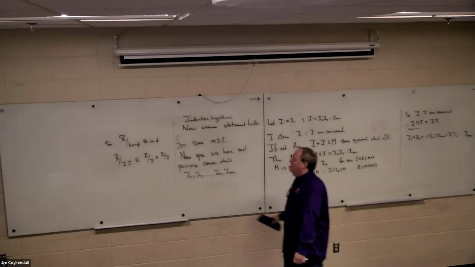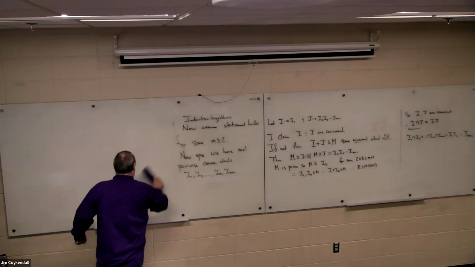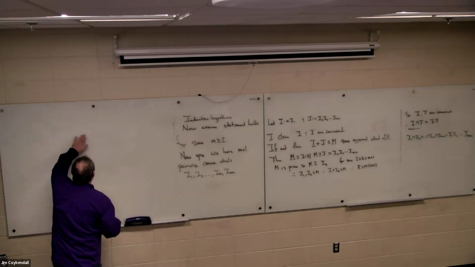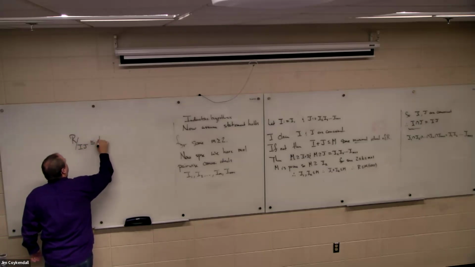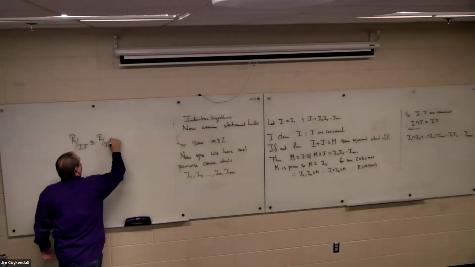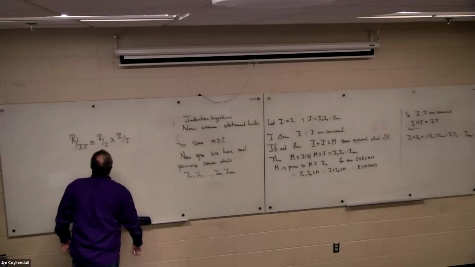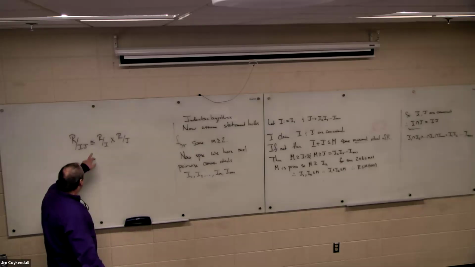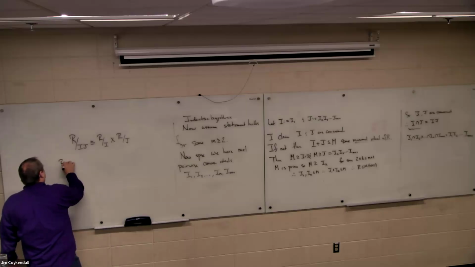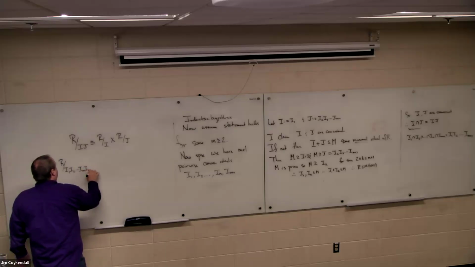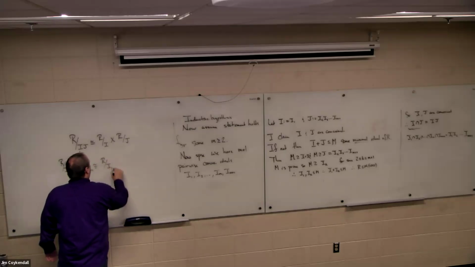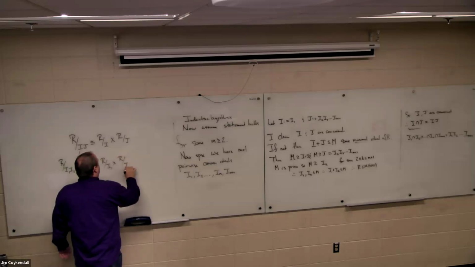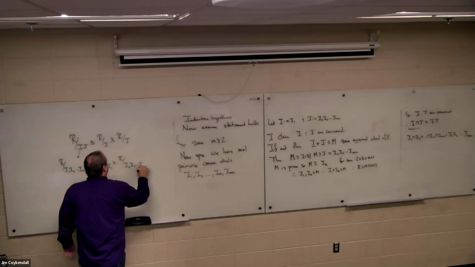Also note that from what we've done before, R mod IJ is isomorphic to R mod I cross R mod J. This is R mod I1, I2, ..., IM plus 1 on this side, and this is R mod I1 cross R mod I2, I3, ..., IM plus 1.